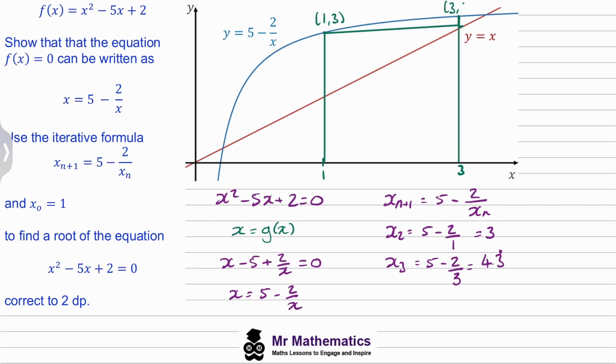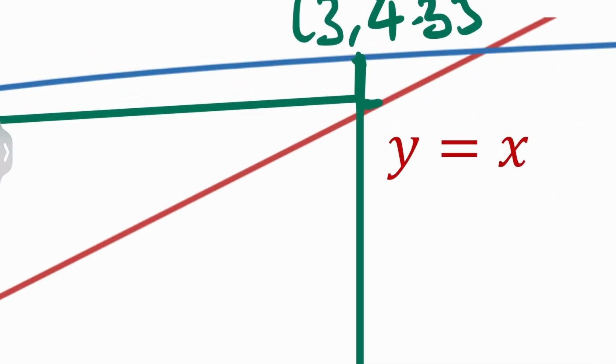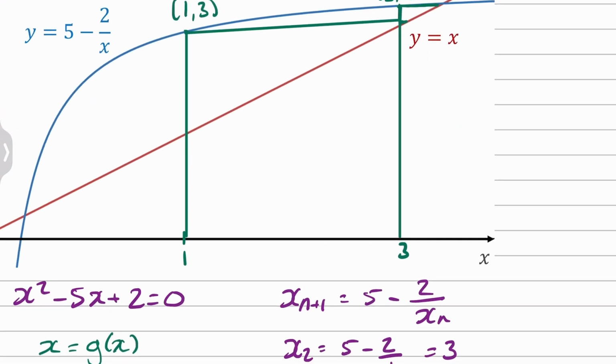So I'll label this on a graph. And now we go across to the line y equals x. We'll go back down. So our next iteration is 4.33.